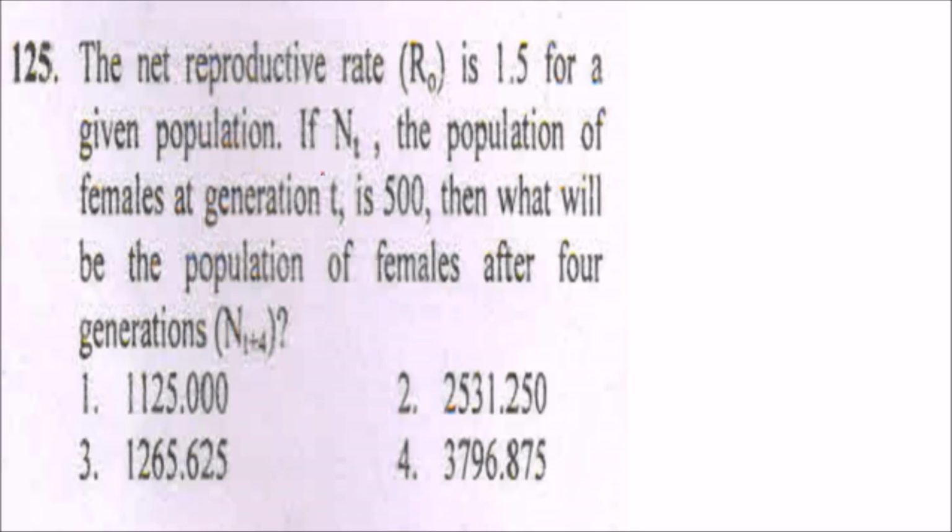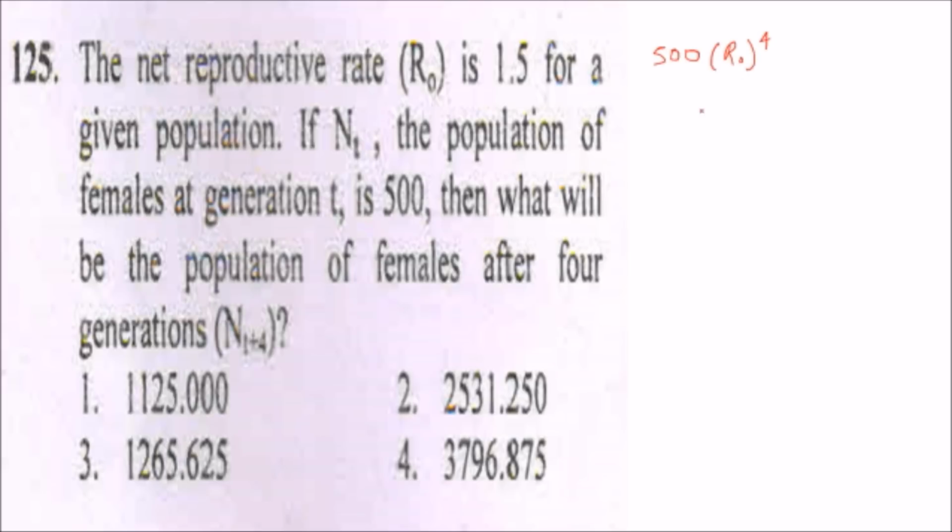Yes, this is all based on the formula. The net reproductive rate R naught is 1.5 for a given population. If Nt of the population is 500, we have to find the number of individuals after 4 years.